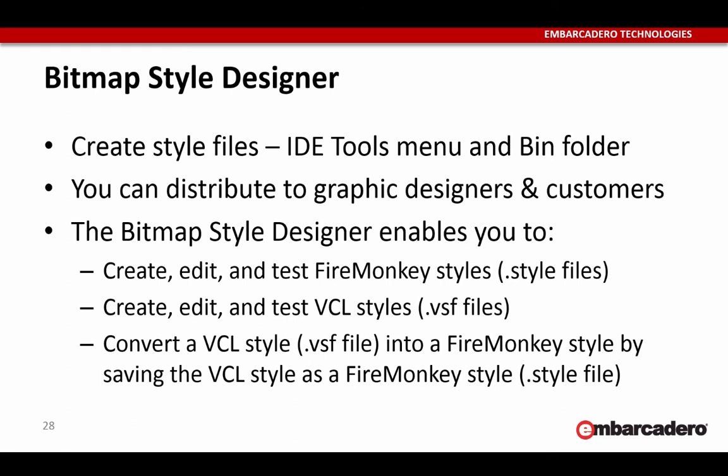The bitmap style designer allows you to create, edit, and test FireMonkey styles, and create, edit, and test VCL styles. And if you see a VCL style that you like and you want to convert it into a FireMonkey style, you can load a VCL style and save it as a FireMonkey style.